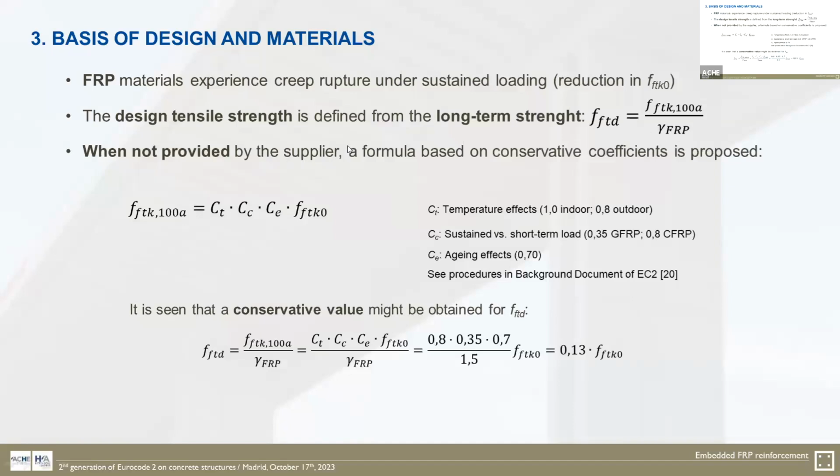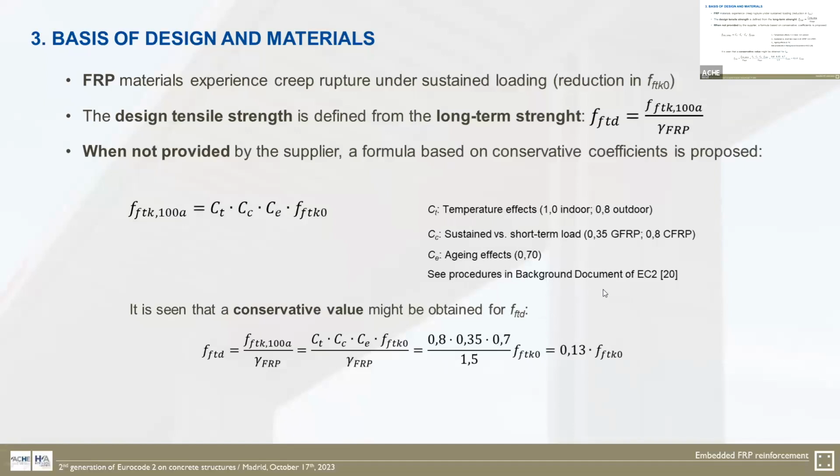So when this long-term value is not provided by the supplier, a formula based on conservative coefficients is proposed in the annex. You can see that the coefficients take into account the temperature, sustained versus short-term load ratio, the aging effects. So if you apply these conservative coefficients, you see that you may obtain a very low value finally for design.